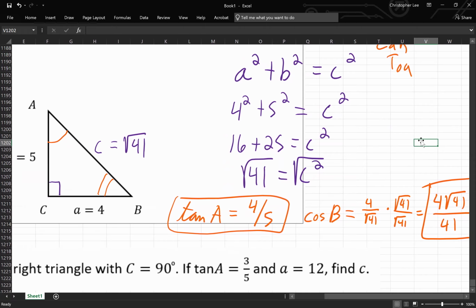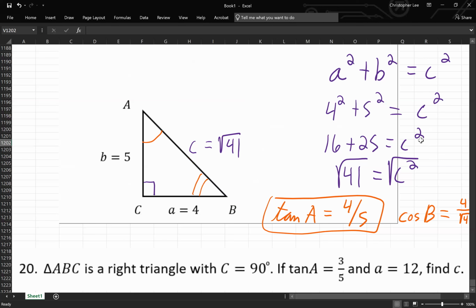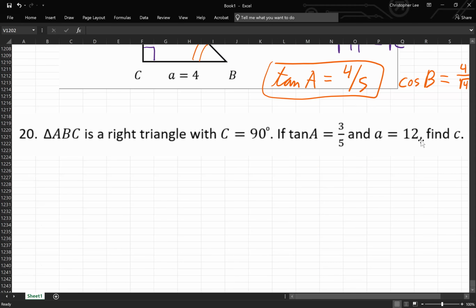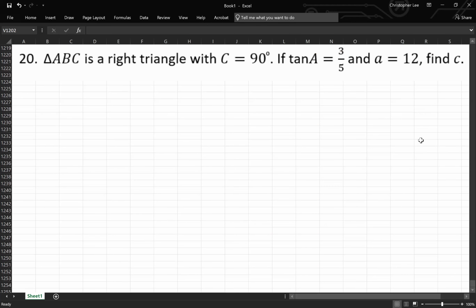Everybody good with this question before? All right. Try this out. This top one has nothing to do with that.